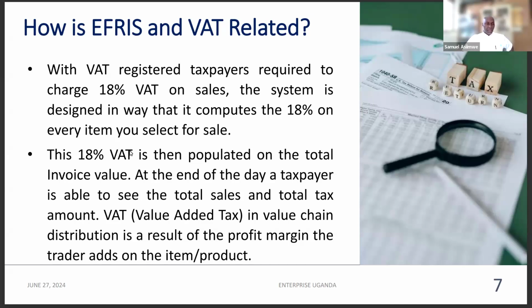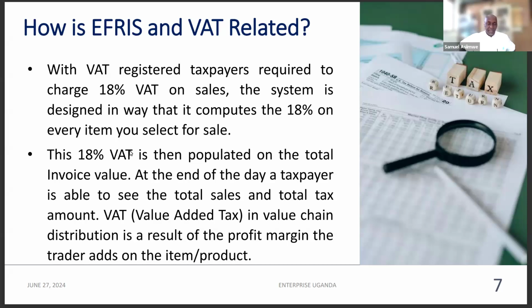So the relationship between EFRIS and VAT is that VAT is for VAT registered taxpayers, they are required to charge 18% on sales, and the system is designed in a way that it computes the 18% on every item you select for sale within the system, at the point where we issue the receipts.